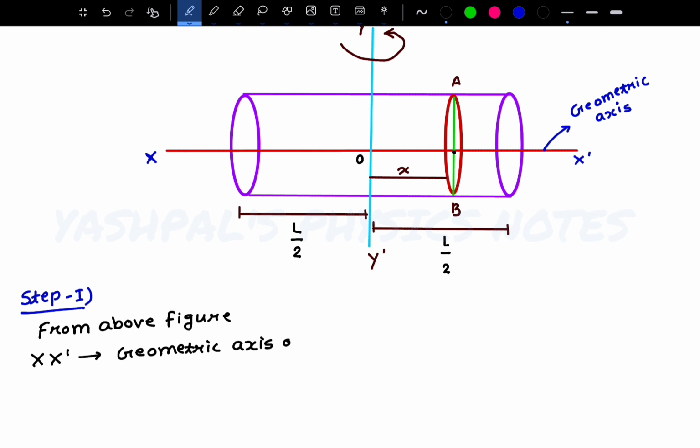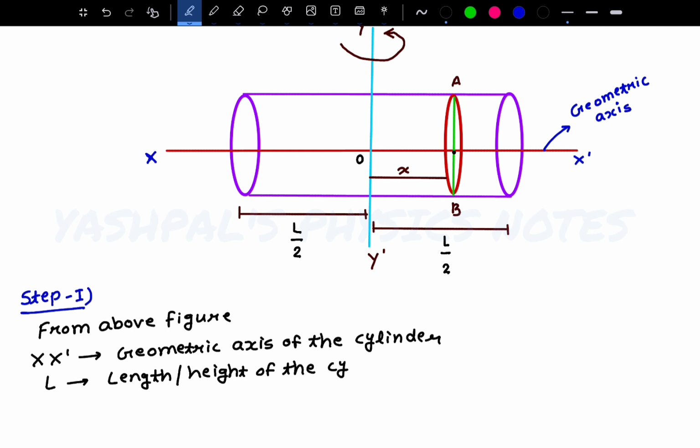Let capital L be the length or height of the cylinder.